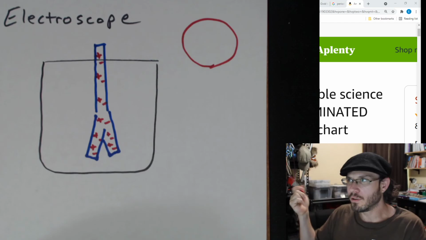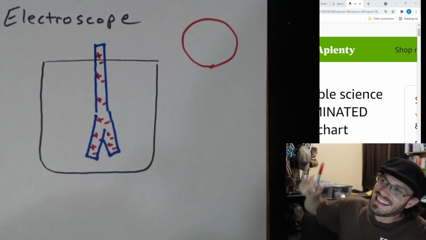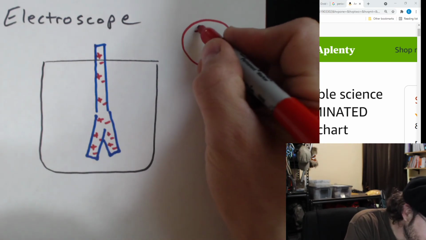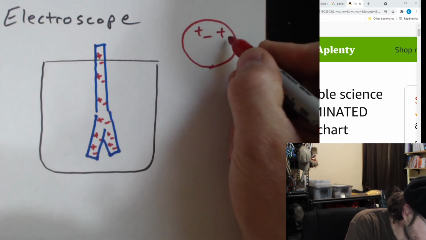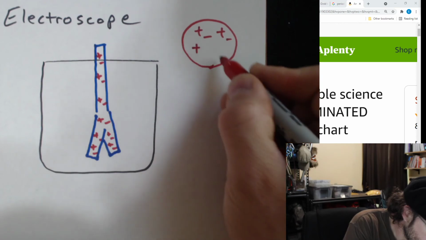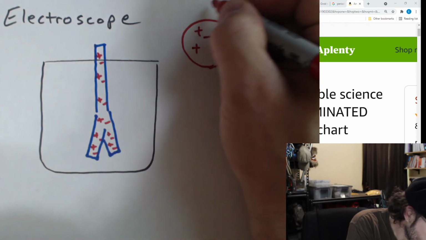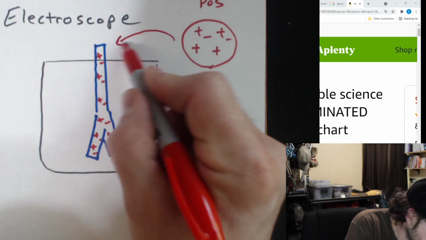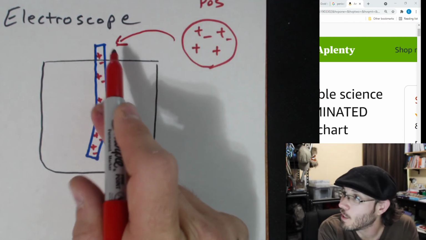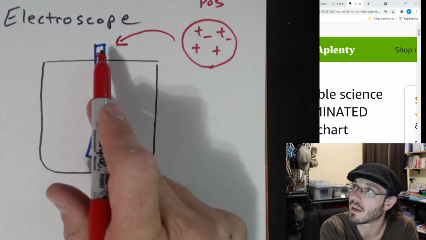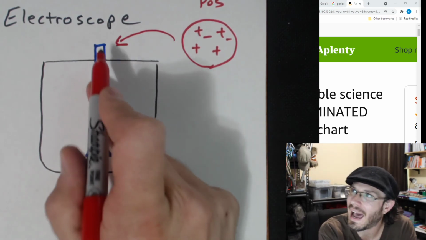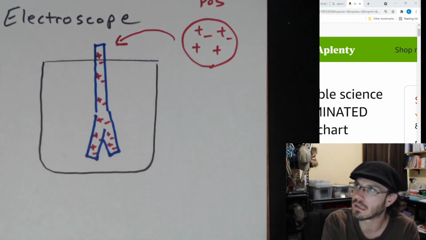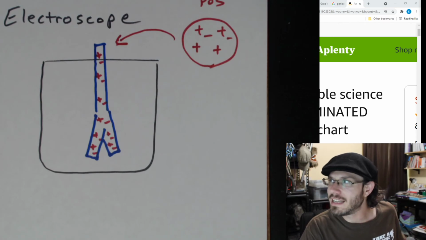They went from the balloon to my head, and I take that balloon that is now positively charged and physically move it close, but not touching, to the top over here. What is going to happen to this positive and negative charge in here? Say what you think's going to happen.